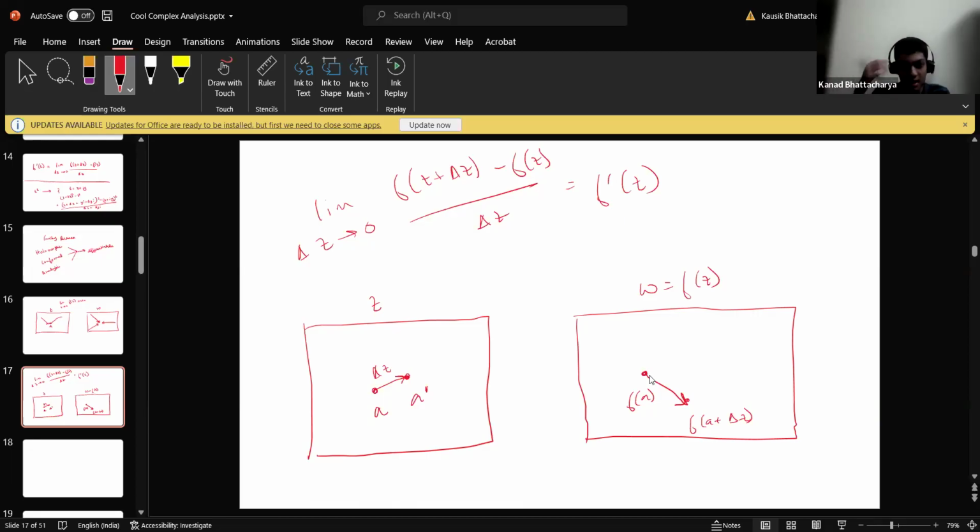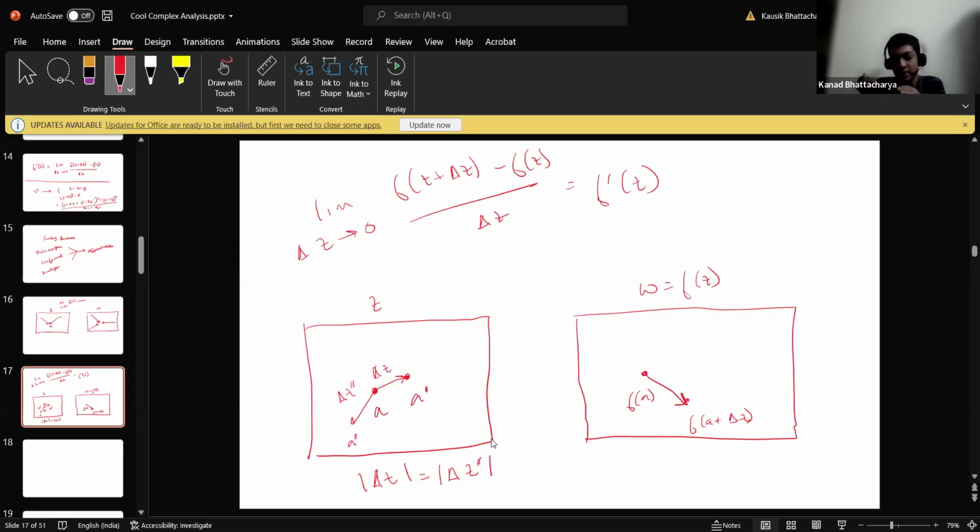Now what we do is that instead of going to a dash, we go to some point a double dash. Let's say the displacement is some delta z double dash. And now I'm going to say that the absolute value of delta z is the same as that of delta z dash, or I've written delta z double dash there.